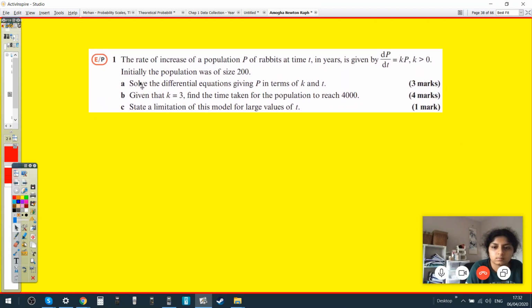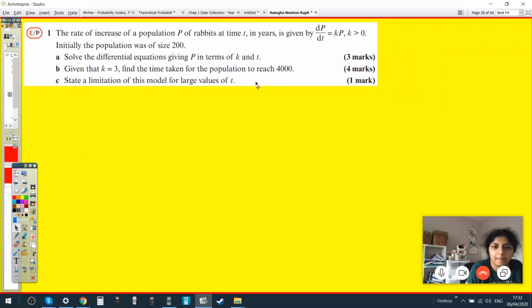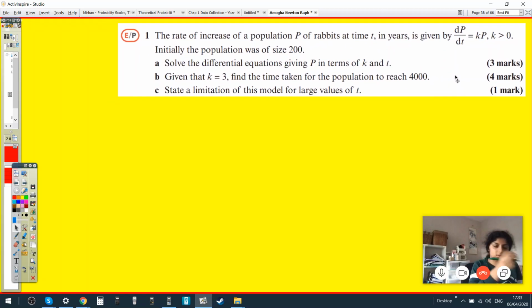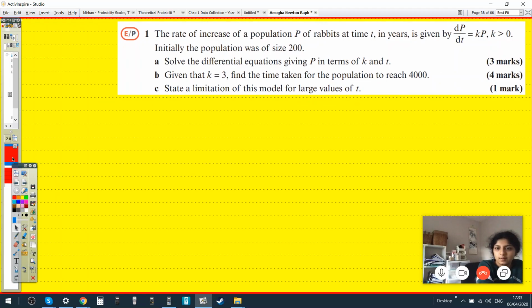Okay, how about this? So you'd have 1 over kp dp equal to dt. So wait, you wouldn't have the k there. You would have k dt. It might just be easier: 1 over p dp equals k dt.